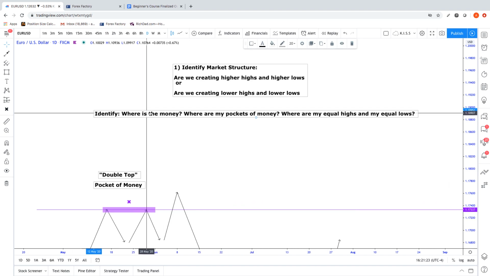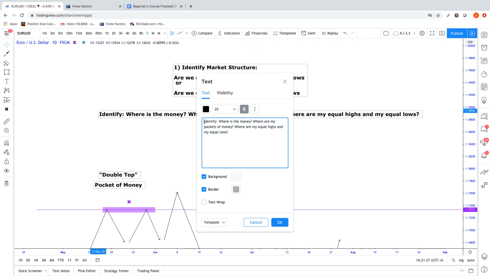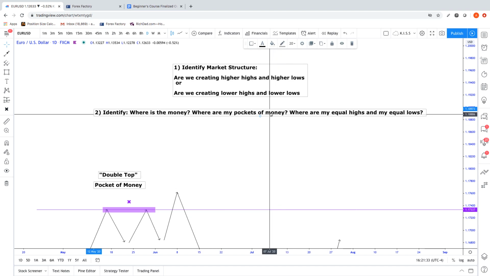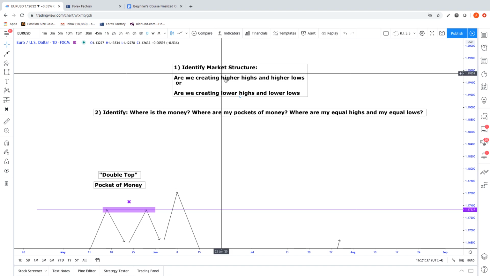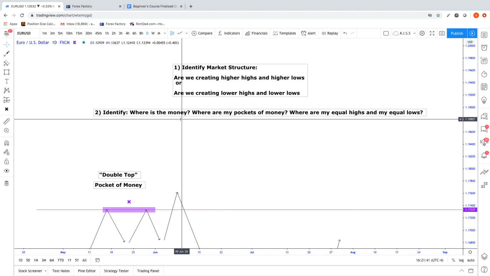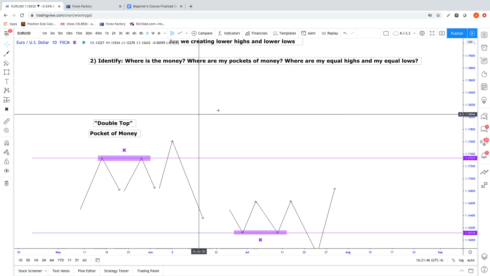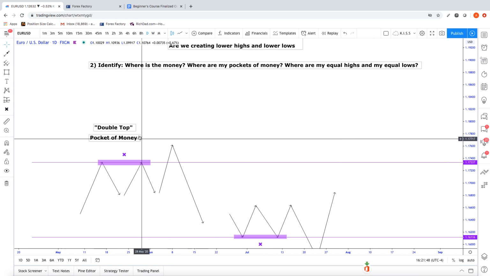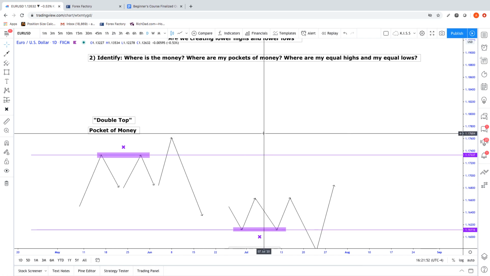Okay, so that is number two. So, number one, identify your market structure, your trend, your directional bias. And then number two, where is your money? Where are the pockets of money? Where are my equal highs? Where are my equal lows? Okay?